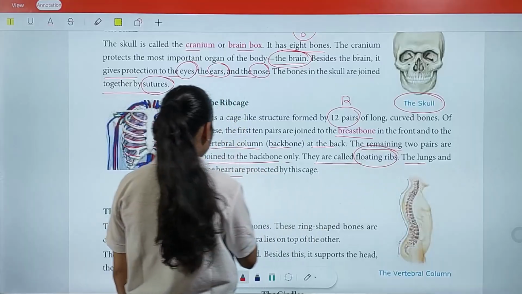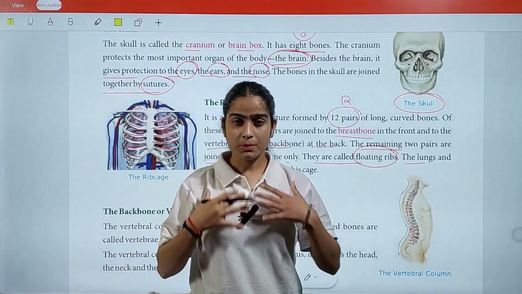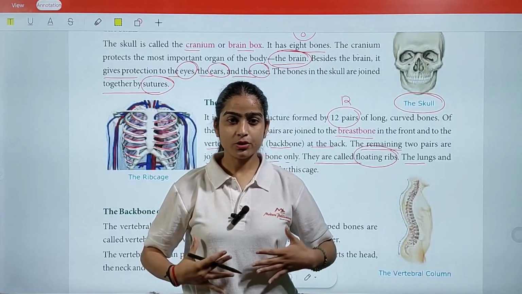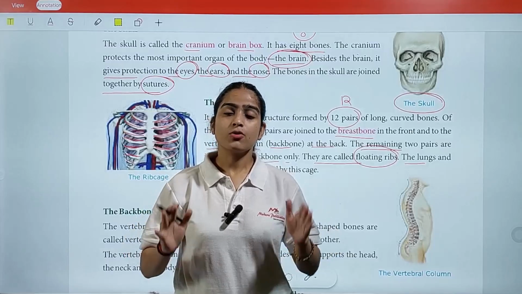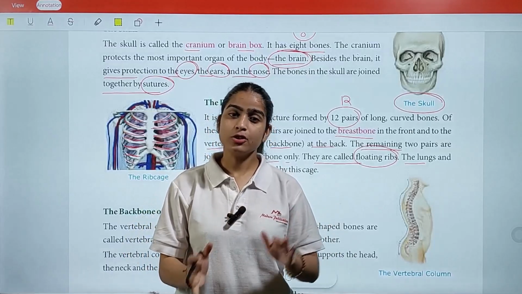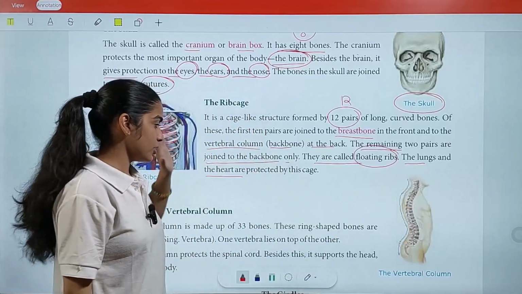The lungs and the heart are protected by this rib cage, because in this area you only have your lungs and your heart.